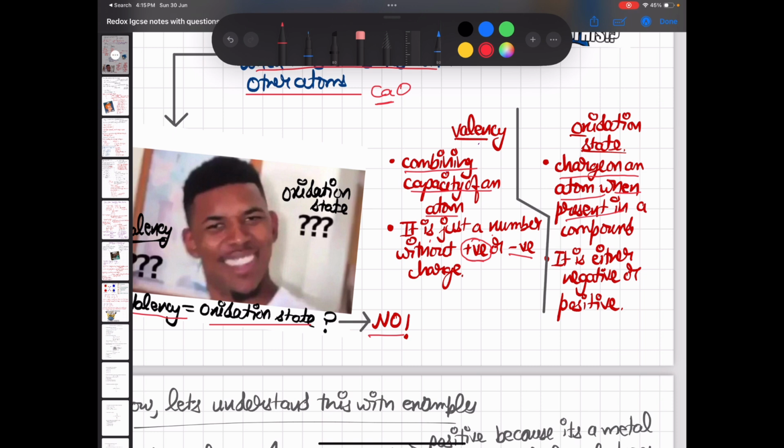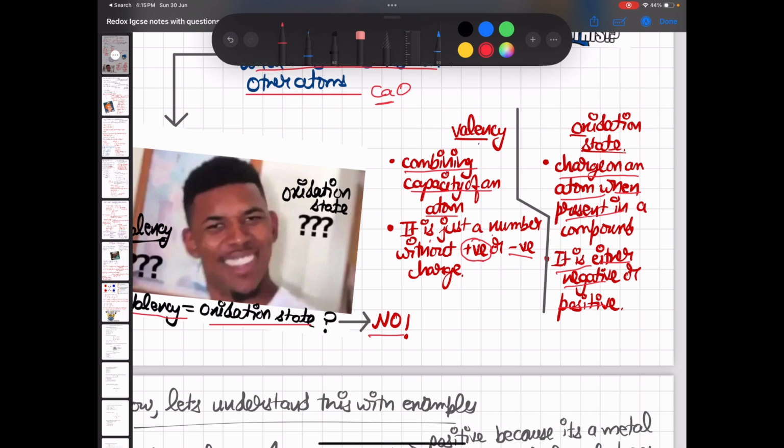Oxidation state is always with charge, because it is only when the element is combined with some other atom. When they are combining, there must be gain or loss of electrons, and if there is gain or loss of electrons, there needs to be positive or negative charge. It cannot be without charge. That is why it is either negative or positive. It is not just a random number.